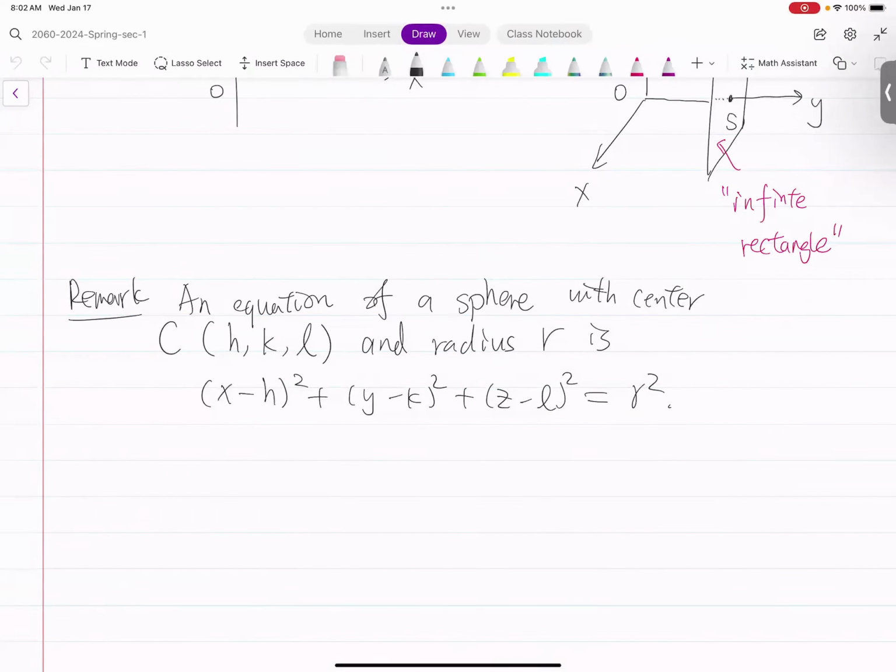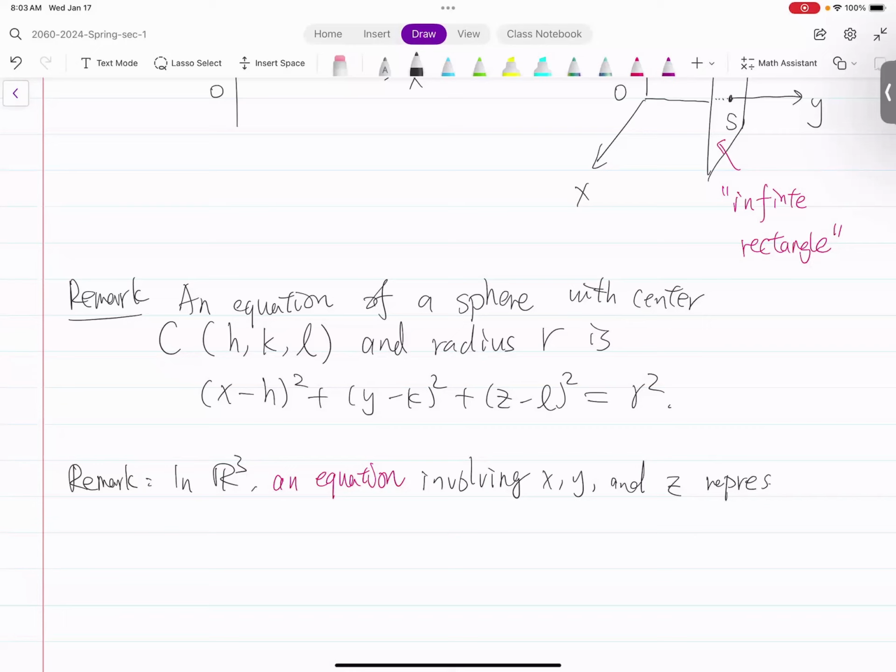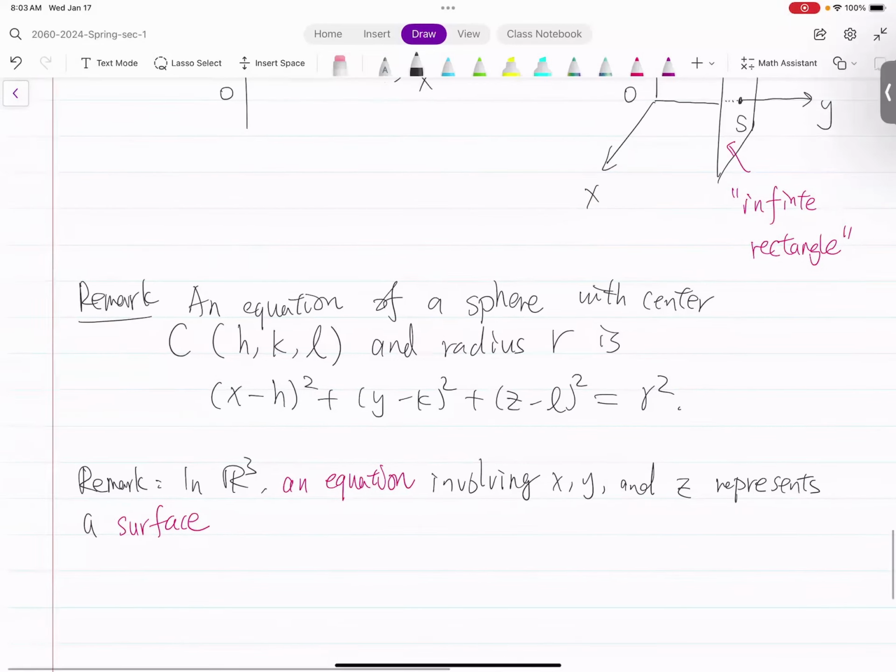So as a remark, in three dimensions, an equation involving x, y, and z presents a surface, just like what we see as the plane y equals 5 or the sphere equation, right?